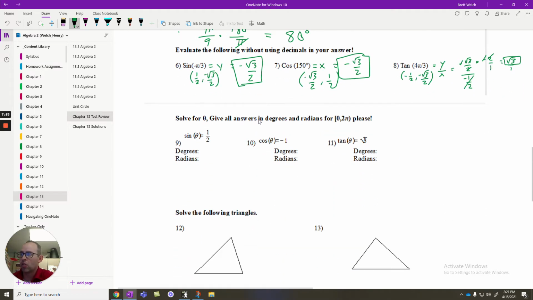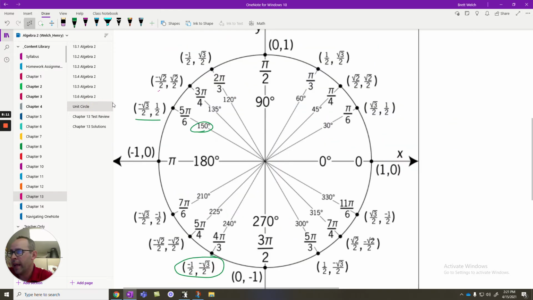Still using the circle, we're going to answer in reverse. Okay, we want to find when is the sine equal to 1/2. There should be multiple answers for some of these. Some might not have multiple answers, but we'll go from there. So we're looking for the sine, which is the y value, to be 1/2. Well, if we look, right there's a y value of 1/2.